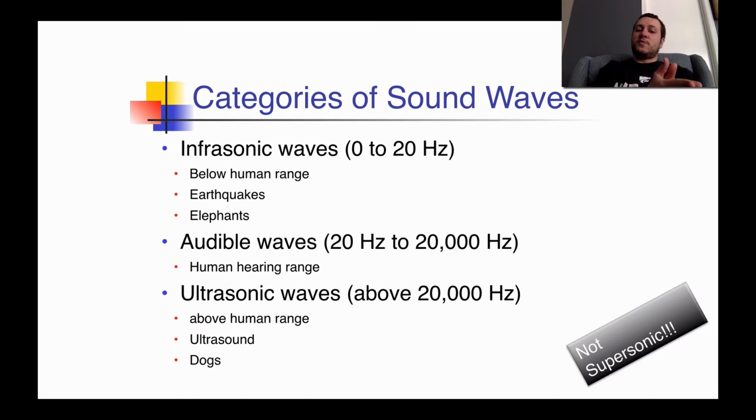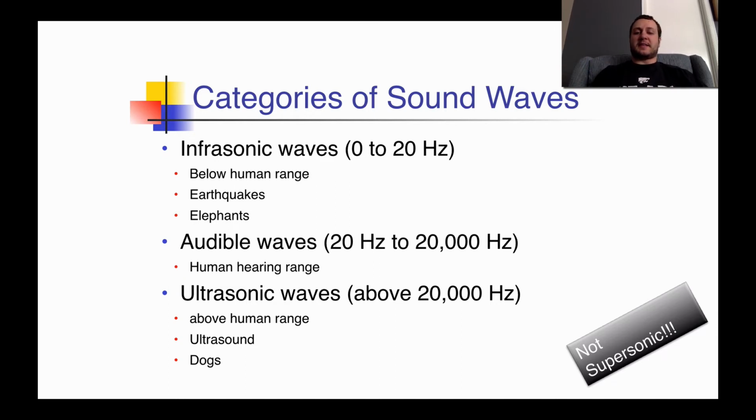So as we increase that frequency, our ears don't pick up the differences as well. As you go further down that scale to the lower frequencies, our ears can pick up differences in the pitch of the sound much, much more easily. As we get towards high frequencies, our ears can't pick up those differences as well.